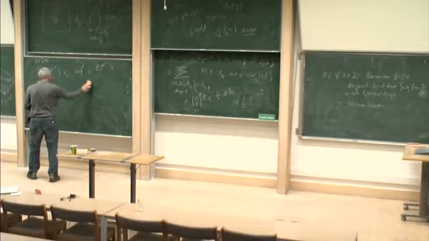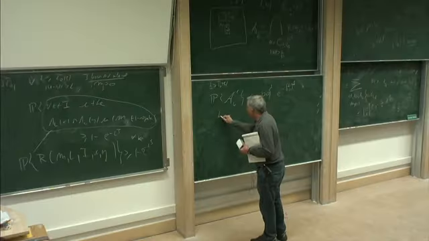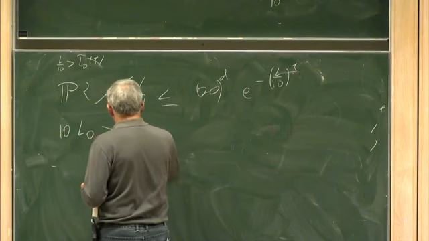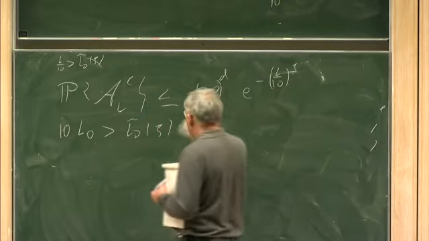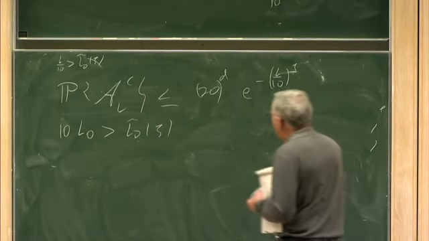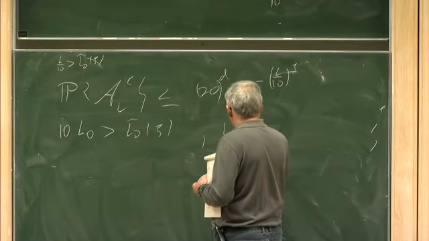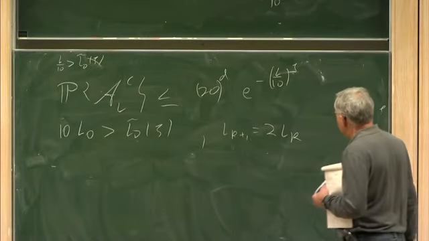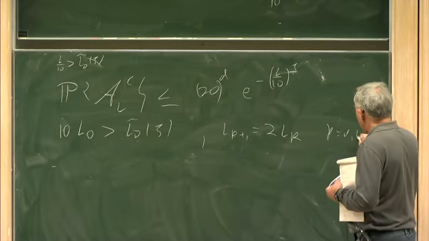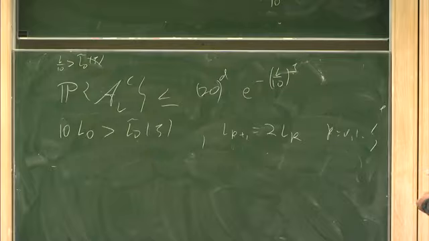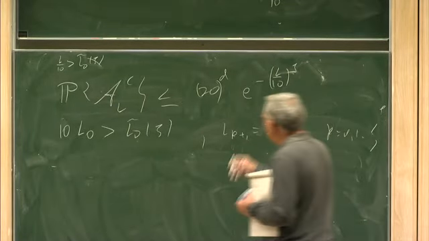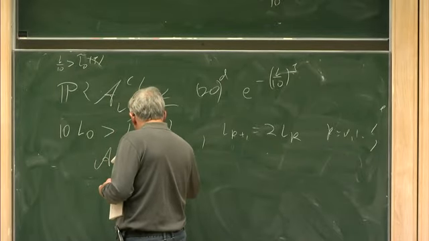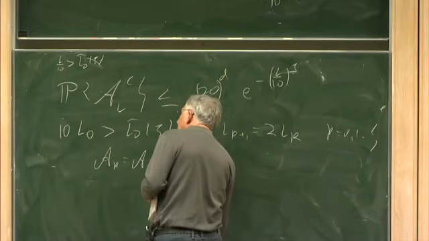So now let me fix a scale L, which I'm going to call L0. So this is bigger than this, so I can do all of these things. And let me define new scales by simply doubling them. I'm just doubling the scales, and I'll call A_k the event corresponding to L_k.